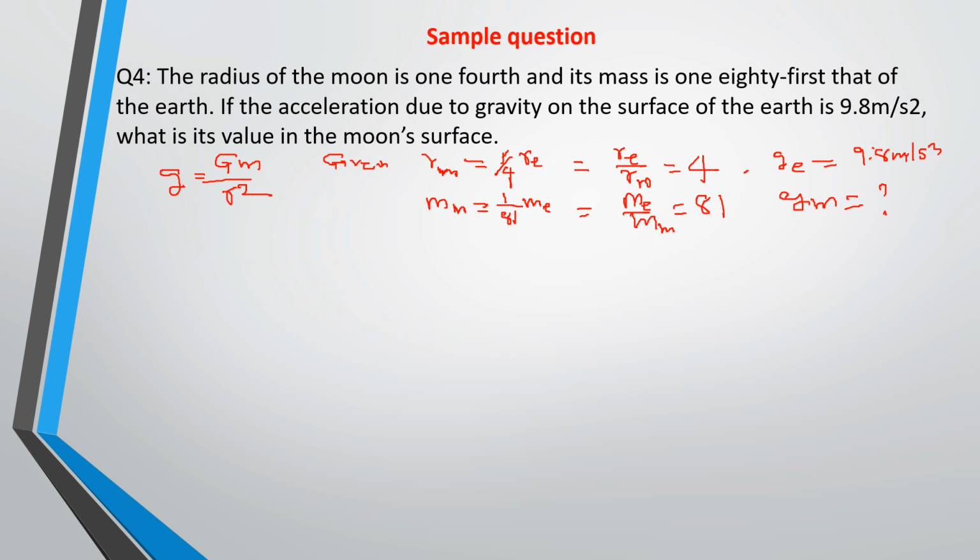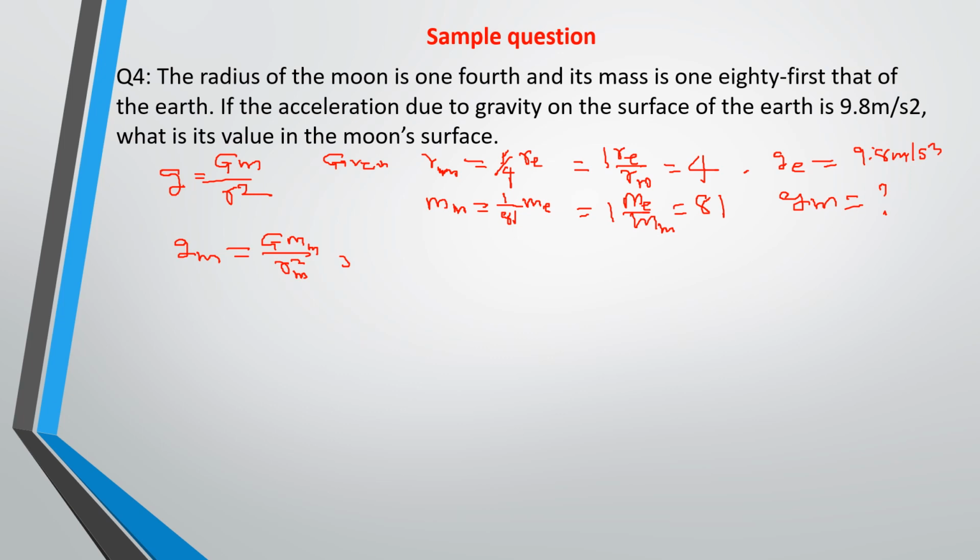Alright, so take note of this as we did in the first equation. Now from our equation, we had that g moon will be equal to the universal gravitational constant times the mass of the moon all over r moon squared.